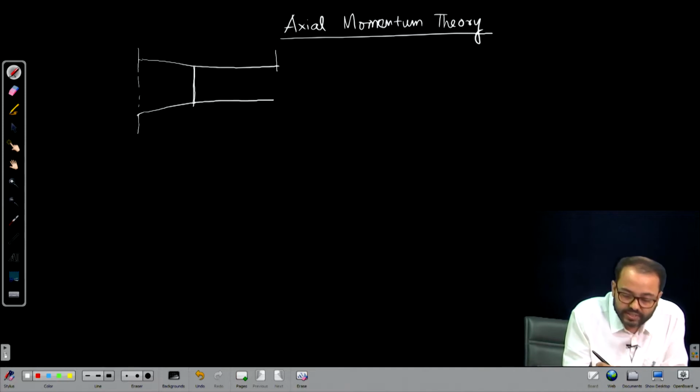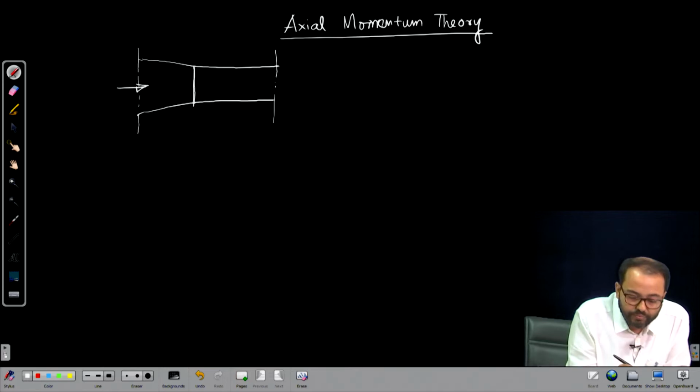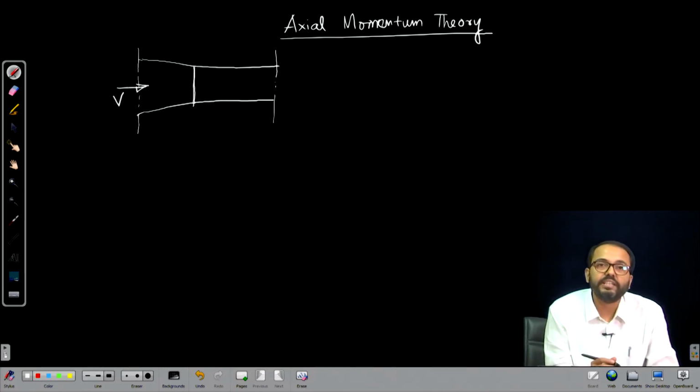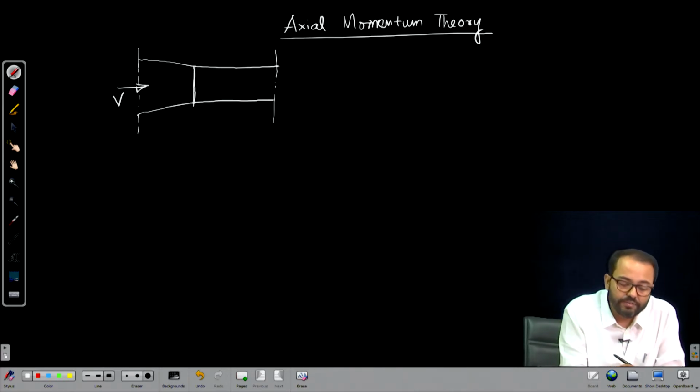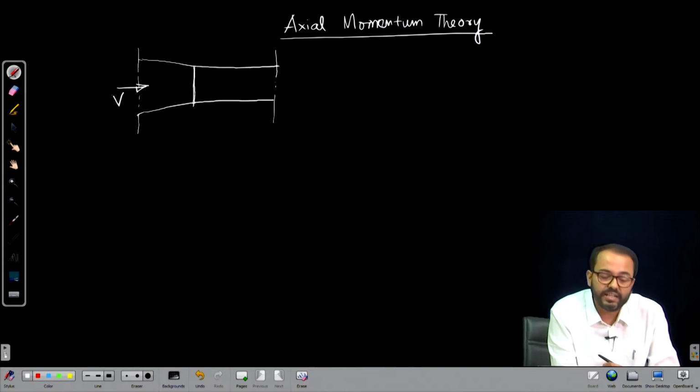Showing the domain here. We had the inlet velocity, because instead of the propeller moving ahead with a velocity V, we had defined the actuator disc facing a velocity V at the inlet, and the disc is fixed at a particular position.